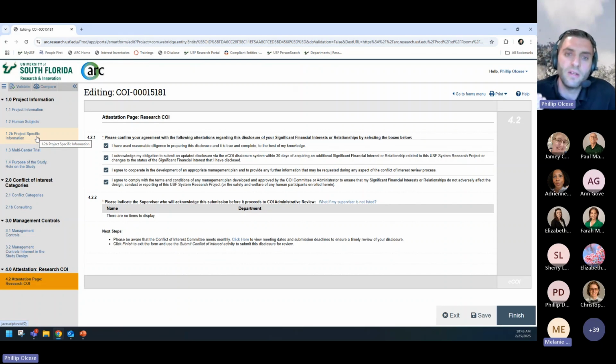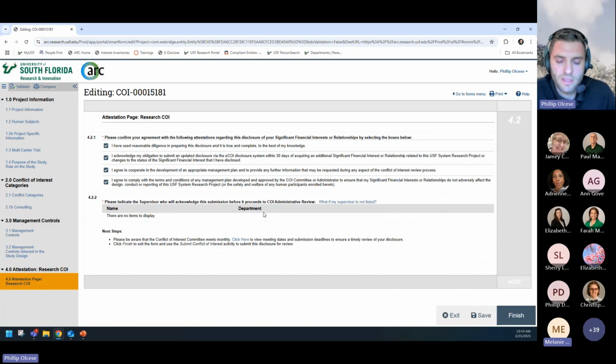Now, if they don't have an ARC profile, we'll reach out to them and tell them we have an investigator who is saying that you're the supervisor of this project. Please create a profile so you can acknowledge and review this disclosure. Without the supervisor reviewing and approving this disclosure, the COI office does not formally get to review these.